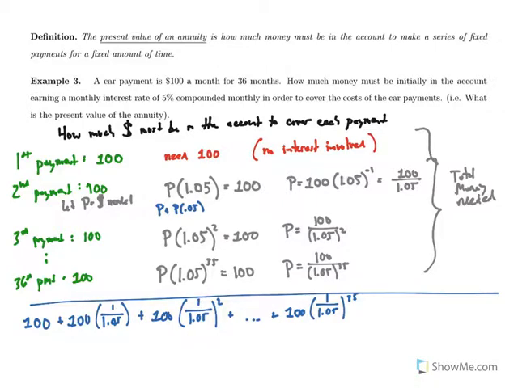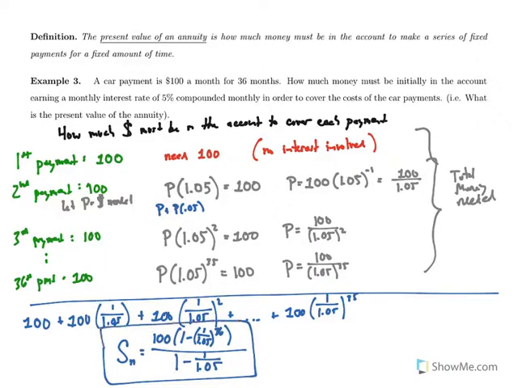So how much money are we going to need? Well, this is a finite geometric series. We know the total here is going to be A times 1 minus R, which is 1 over 1.05, to the n here is 36, divided by 1 minus 1.05.